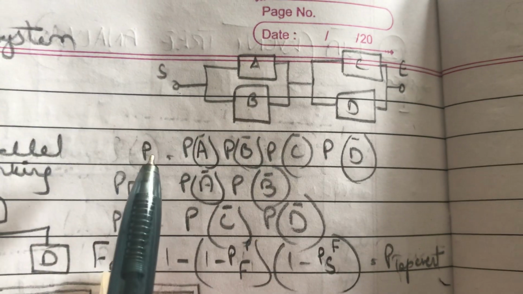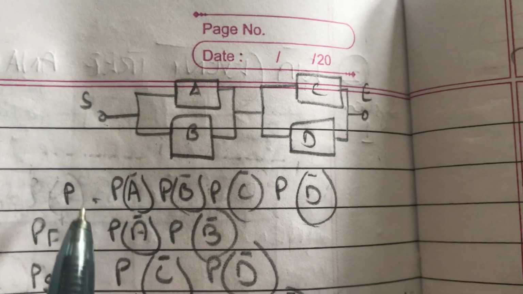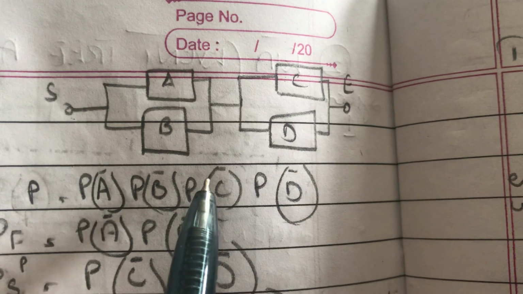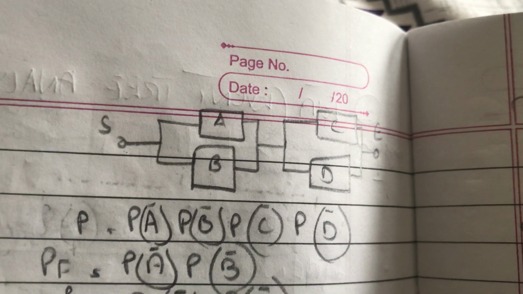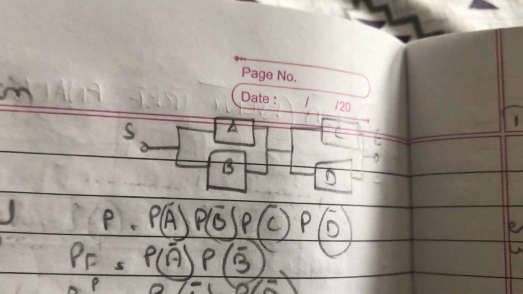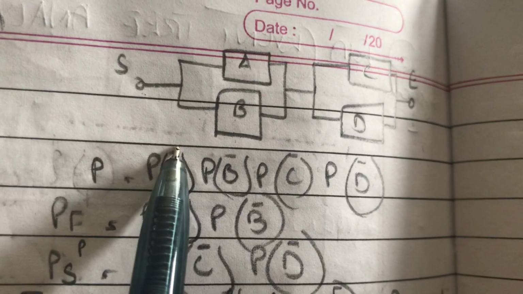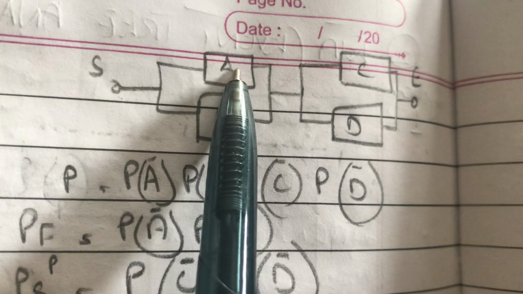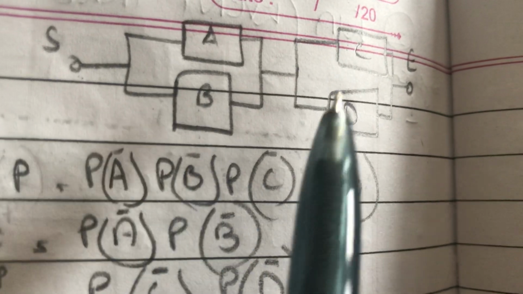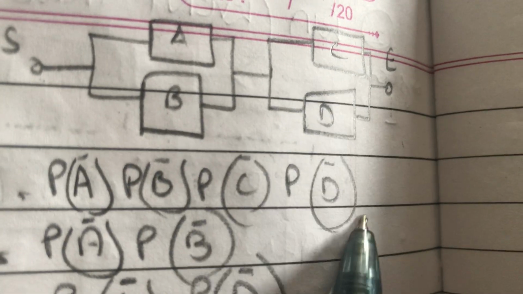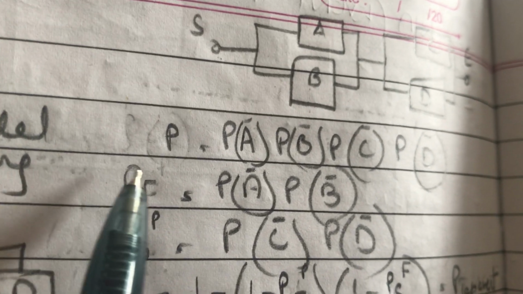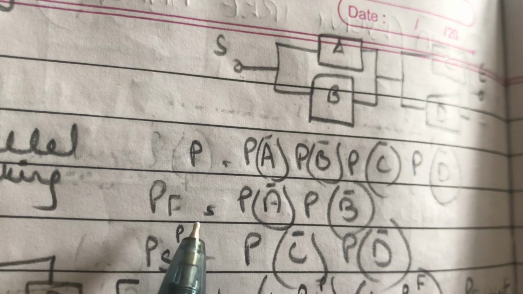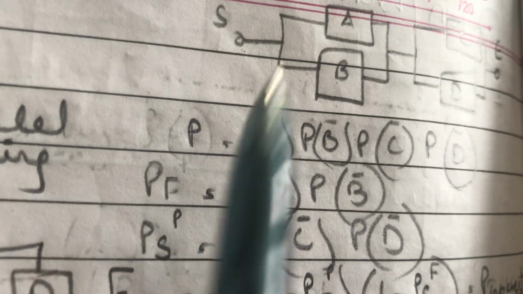We can write the probability in terms of P of A, P of B, P of C and P of D. You know that the probability is basically the product of P of A not working, P of B not working, P of C not working, P of D not working. So for the first parallel, we have the probability of A and B.